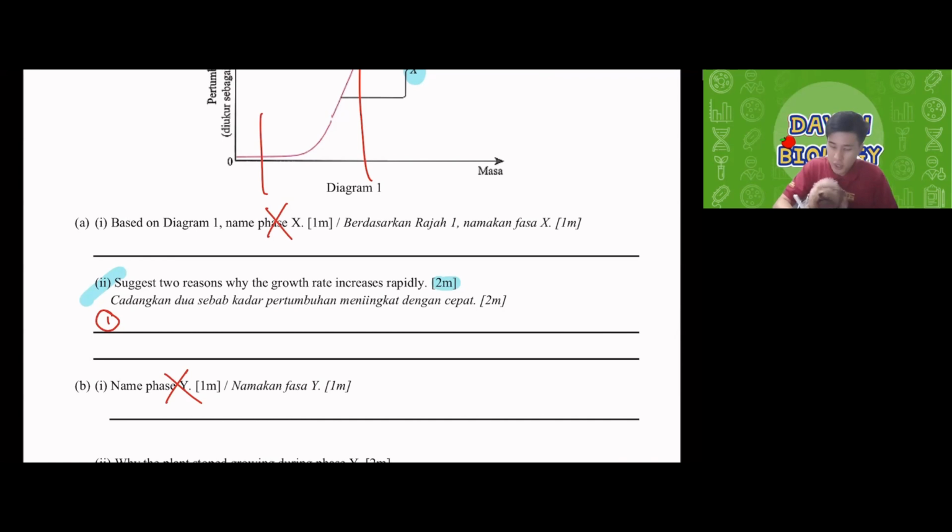Yeah, correct, exactly. So we can say leaves are formed. And then rate of photosynthesis increases. So therefore, more sugar, more glucose produced. So the growth rate increases.